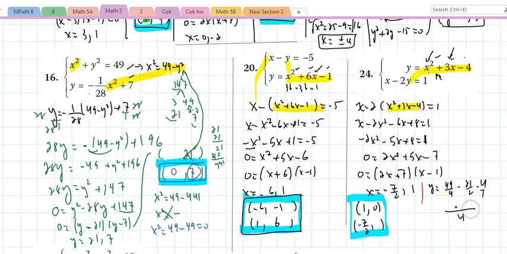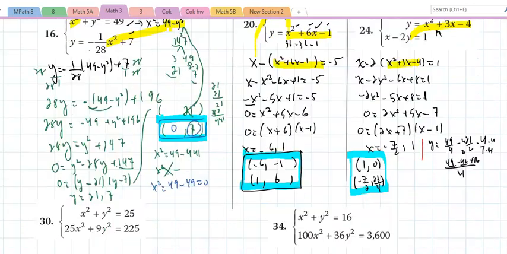I'm not afraid of fractions because I'm taking college algebra. If you multiply this by 2, that's 42. If you multiply this by 4, that's 16. And 49 minus 42 is a 7. 7 plus 16 is 23 over 4. There it is.